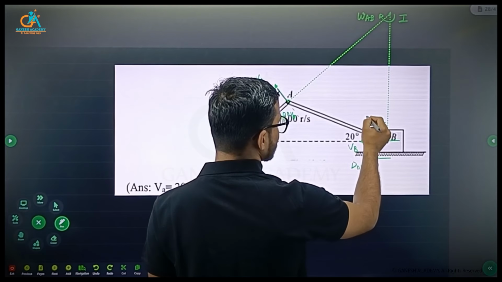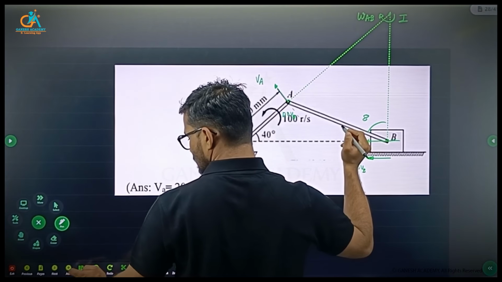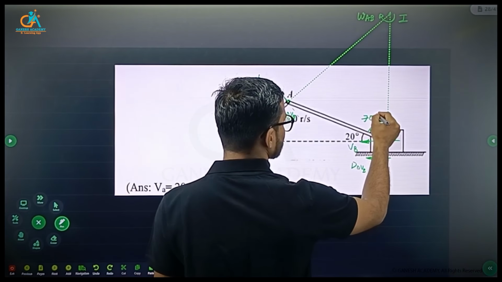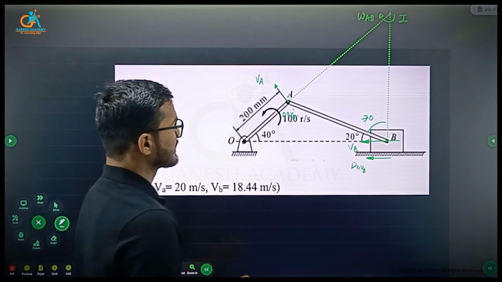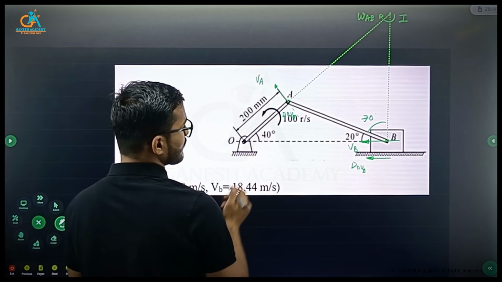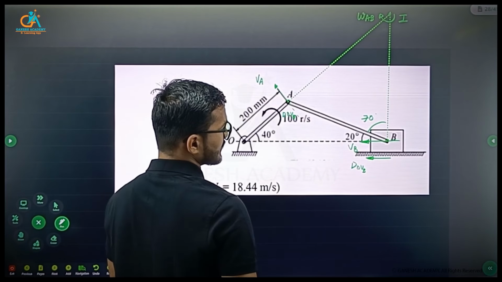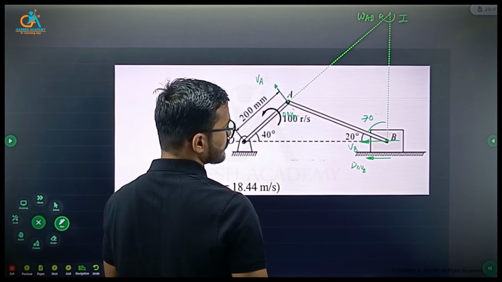So if this is 20 degree, this should be 70 degree, right? This angle is given 40 degree, this angle is given 20 degree.